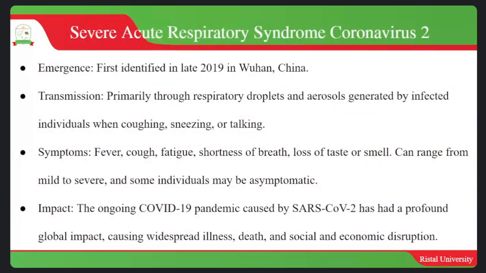Transmission was primarily through respiratory droplets and aerosols generated by infected individuals during coughing, sneezing, or even talking. Although in some cases it was reported to be found in the feces of the patients.